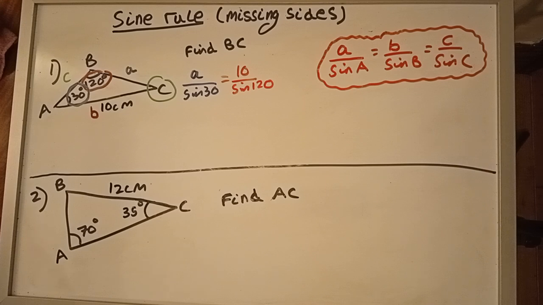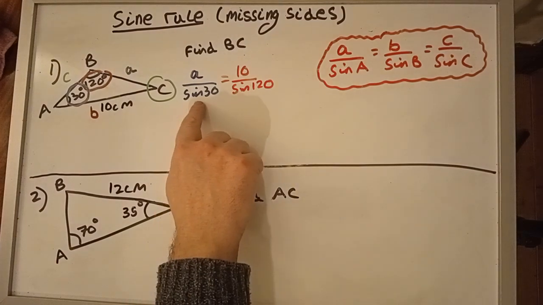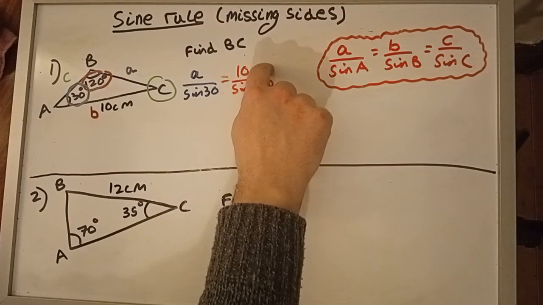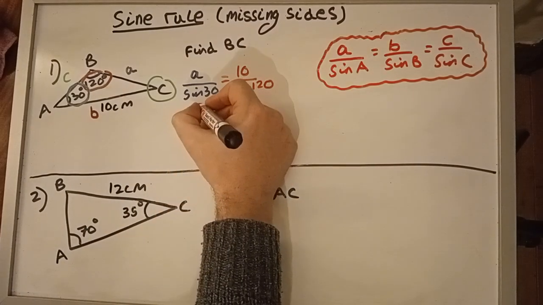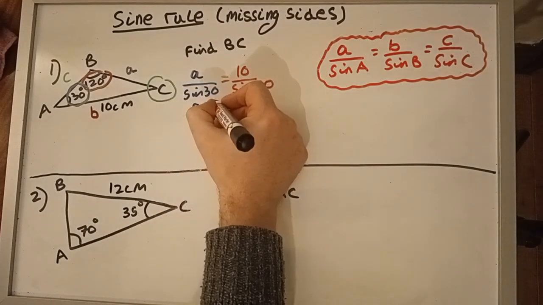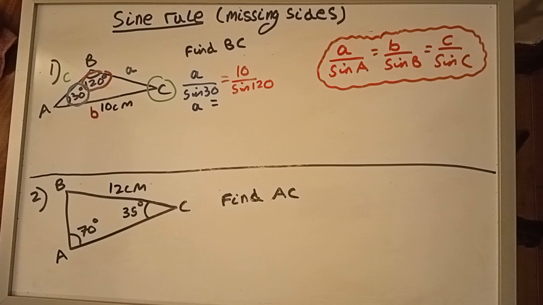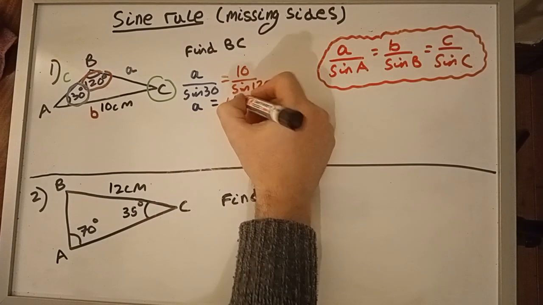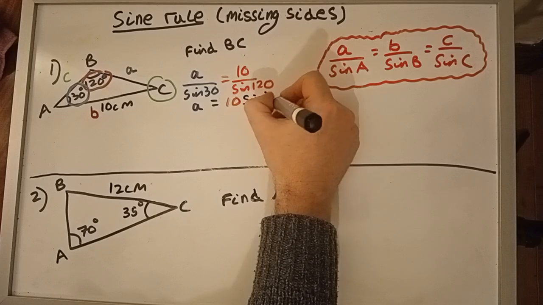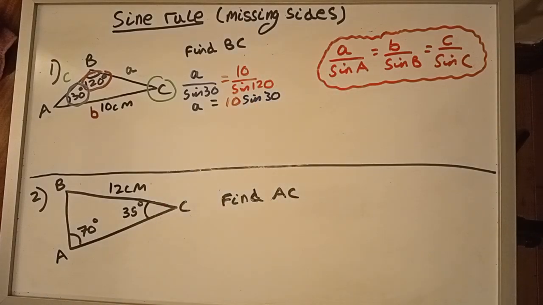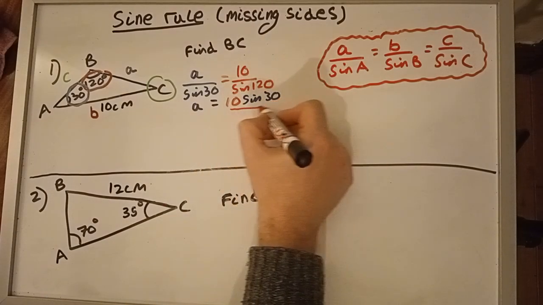Now I need to just solve it to work out what is a. To do that, we're going to multiply by this sine 30, and it's going to come up here. So I'm going to have a, that's what I'm looking for, is equal to 10 sine 30, and that's still going to be divided by sine 120.